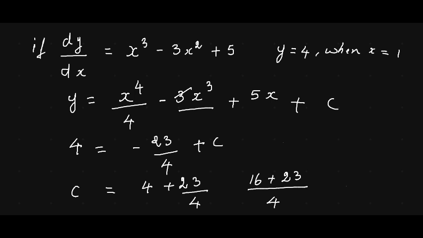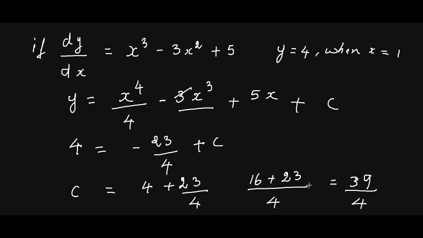So c is actually equal to 39 by 4. So you got an equation where you found out the value of c. The value of c is 39 by 4.